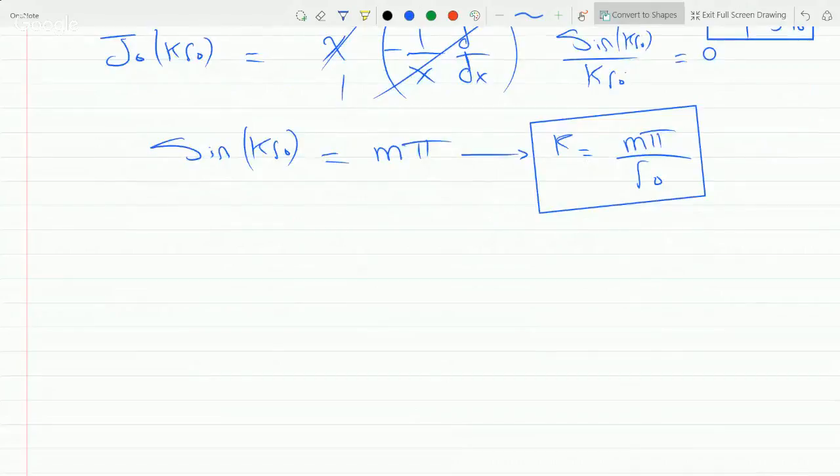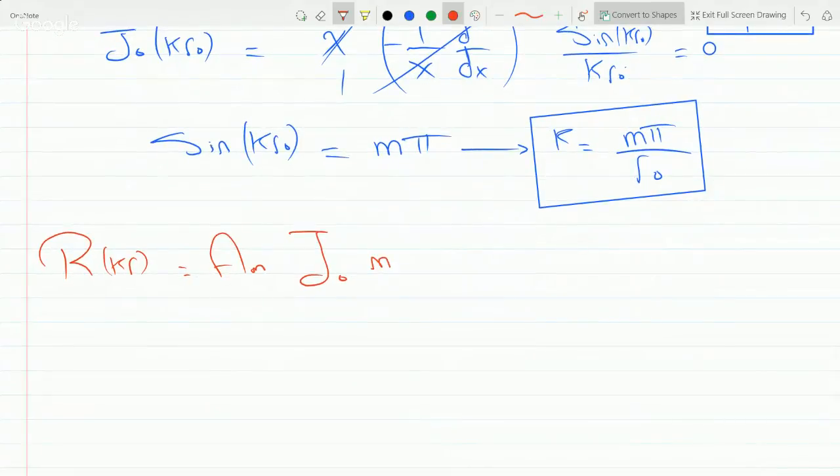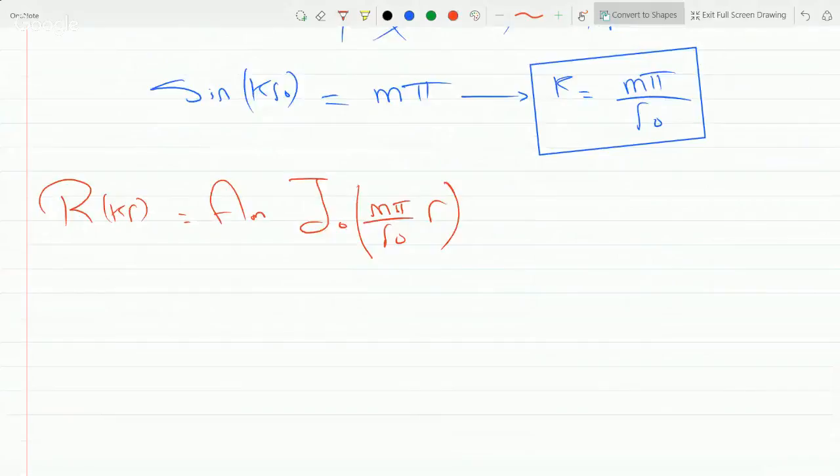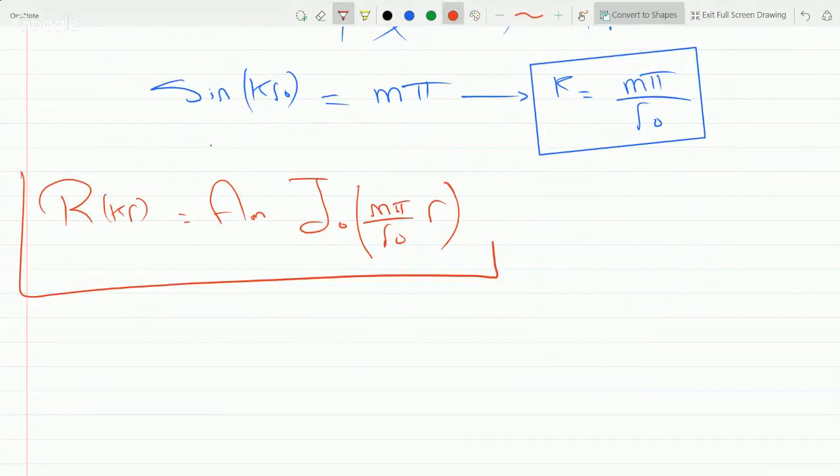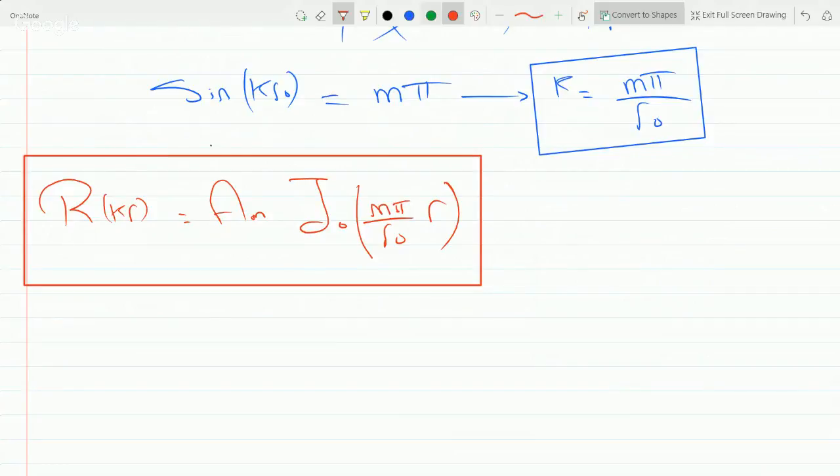So now we know that our R function of kr is equal to A_m times the Bessel solution at k, which is m pi over R0, times r, and I will be the product of the two. So I is equal to, now there's a summation, because m is any integer. m can be 1, 2, 3, all the way to infinity.